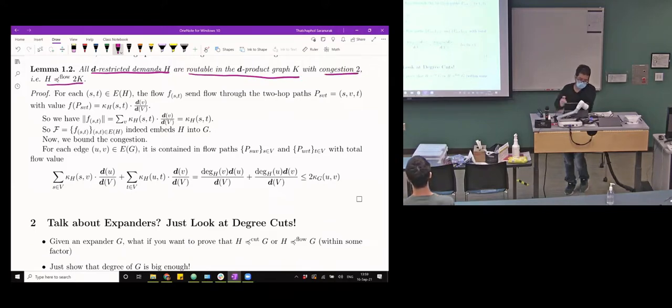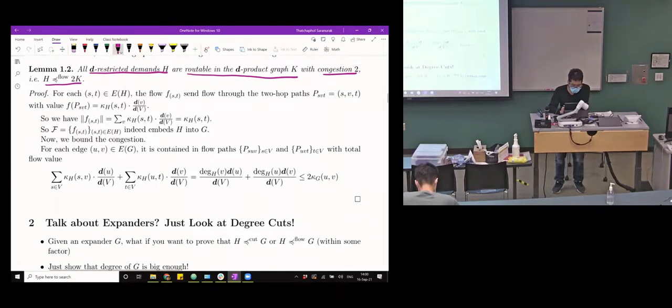That is, H is less than 2K. So how do we show that H is less than 2K? We need to construct the flow. We need to embed H into K with congestion 2. I will just describe how to embed that. I will show you the H concurrent flow in K. And the way to do that is the following.